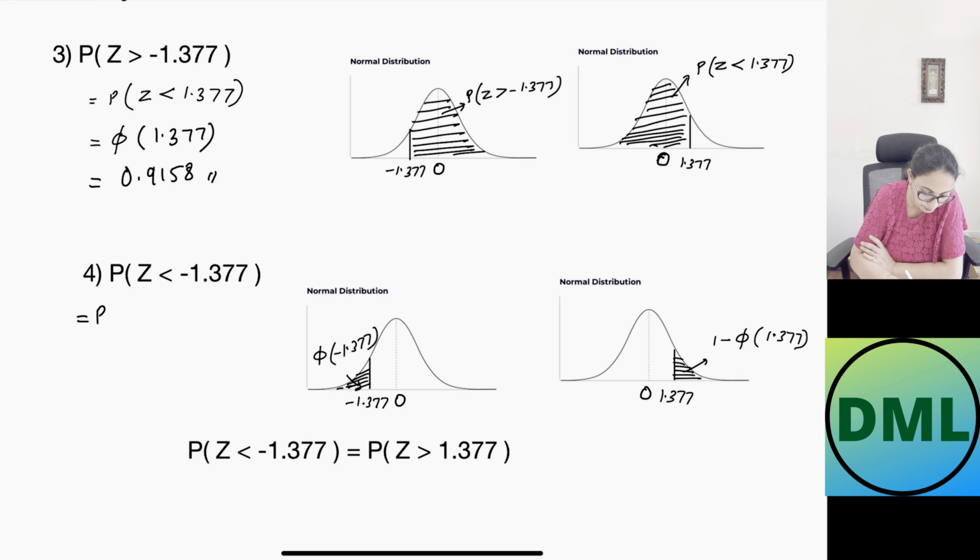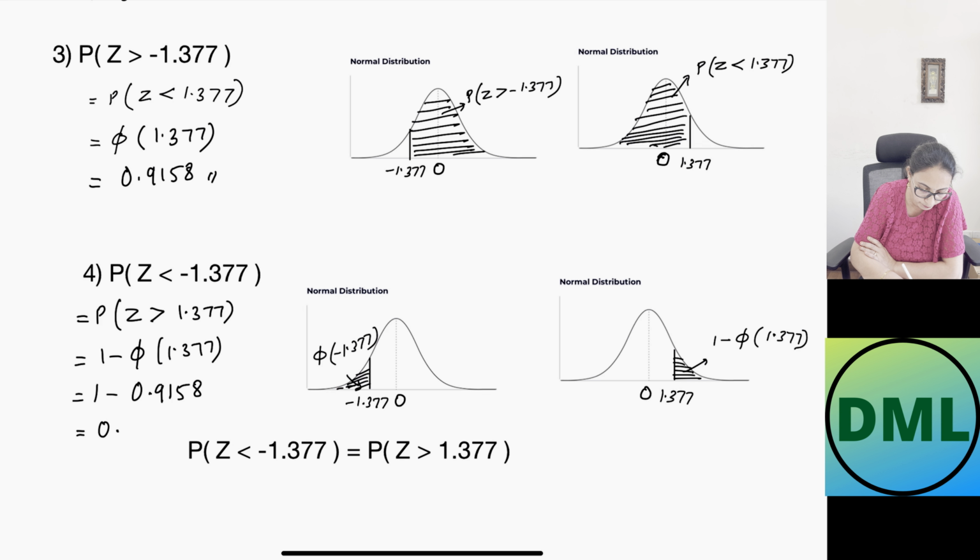This will be written as probability of z greater than 1.377. We know that the greater than part will be written as 1 minus phi of 1.377. Let's write down the value here: 1 minus 0.9158. If you subtract it, your answer will be equal to 0.0842. This will be your answer.